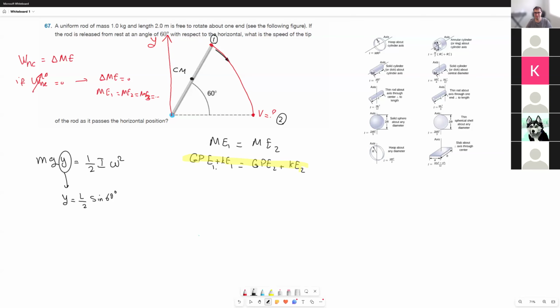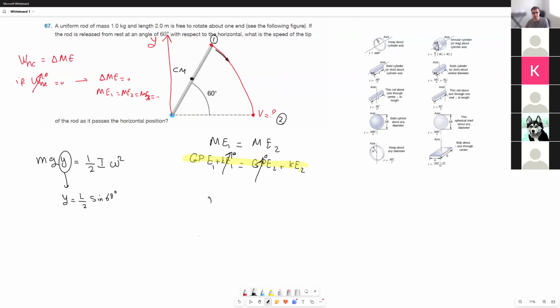Kinetic energy at first is 0. Exactly. What else? There is one more thing that is 0. Potential energy of the second. Exactly. So gravitational potential energy of one.